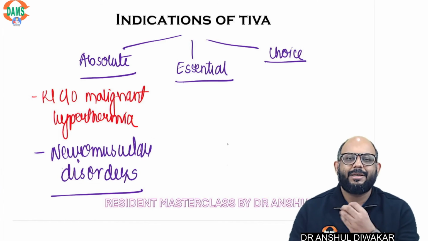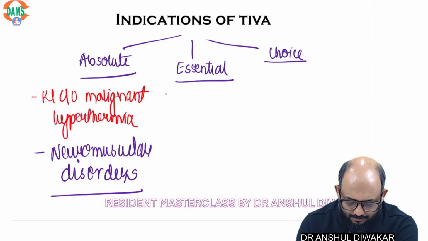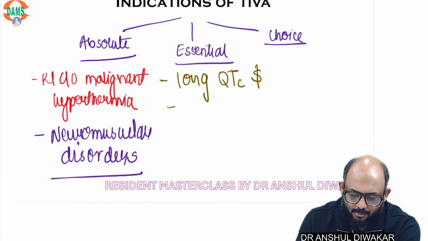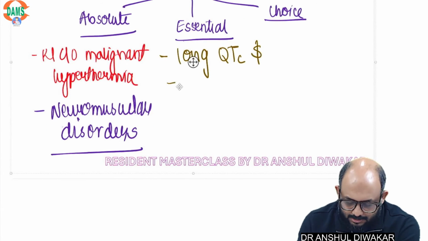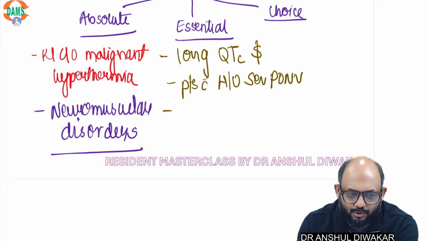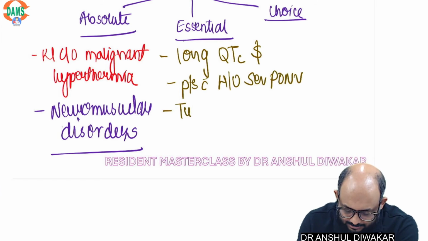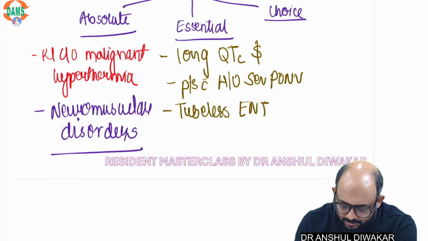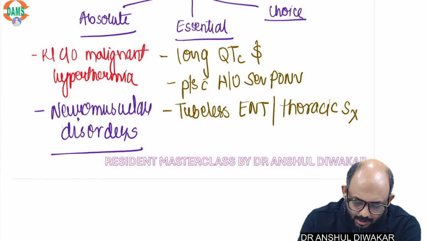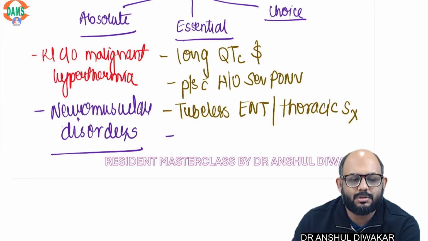Apart from that, most of the indications are essential indications, like patients with long QT syndrome, patients with a history of severe postoperative nausea and vomiting, severe PONV, then tubeless ENT surgeries or tubeless thoracic surgeries. If you don't have a tube, how would you deliver volatile anesthetic agent? So you use TIVA.